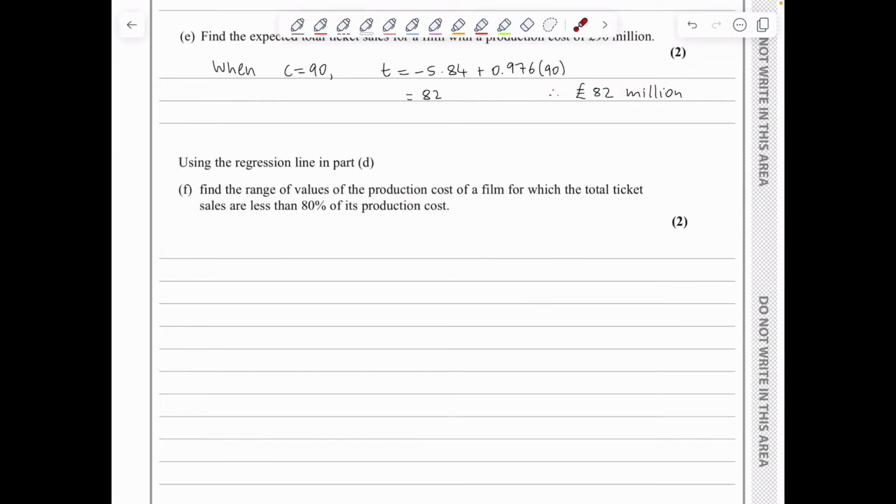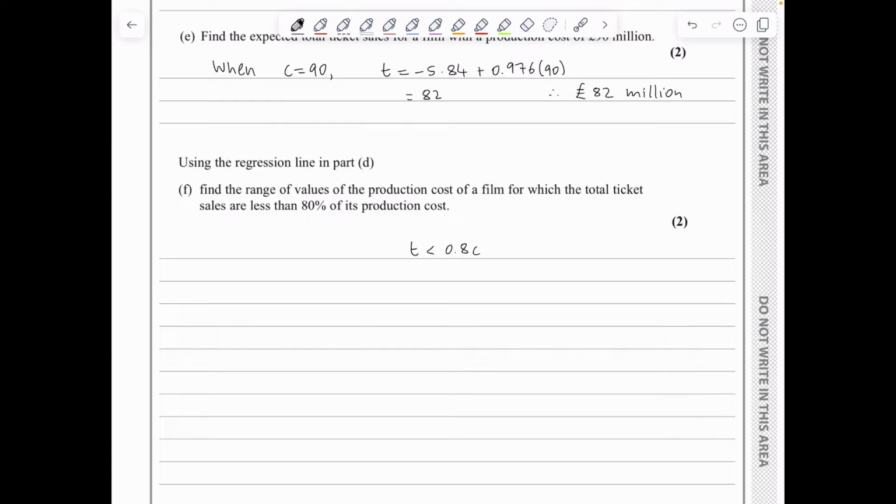And finally, in part F, we need to use the regression line to find the range of values of the production cost of the film for which the total ticket sales are less than 80% of the production cost. So essentially, we're being asked to solve T being less than 0.8C. I have multiplied by 0.8 to get 80% of the production costs.